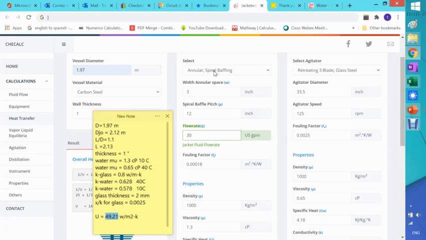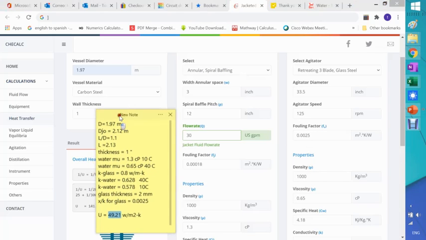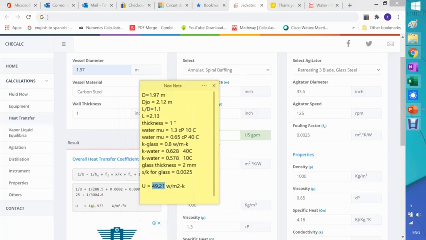Adding spiral baffling is done at design time, when you are building the vessel. Either you have this type of baffle or you don't. The one I was entertaining before didn't have the baffle, so the calculation was the way it was. But if I add baffles, then the number really changes. 141.